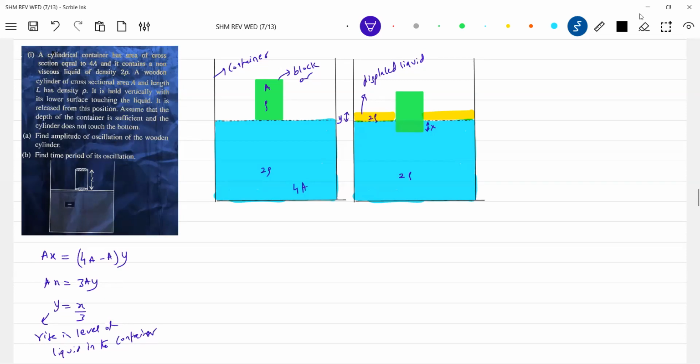So at equilibrium, what can we write here now? At equilibrium, the weight of the cylinder will be balanced by the buoyant force from the displaced liquid. What is the expression for buoyant force? Density of liquid, rho, into volume immersed. This is a very important step.